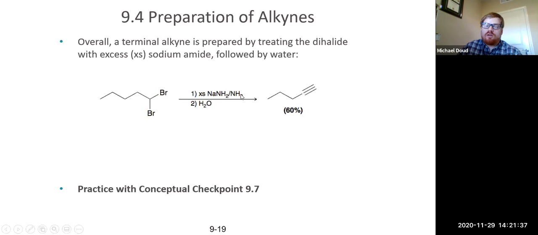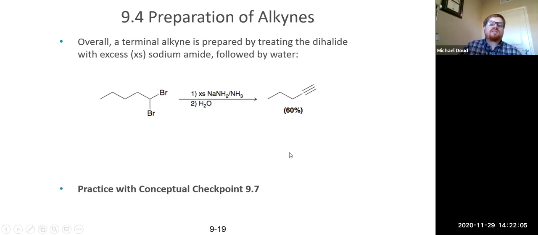If you put this in water, for example, you'd get the leveling effect, where the water reacts with the sodium amide and you just have hydroxide ions, which, as we talked about, are not strong enough. It's got to be NaNH2 in NH3. And it's in excess, so it's going to do two elimination reactions, and then you end up with the acetylide ion. Then to protonate it, you use the water molecule, and you're done.